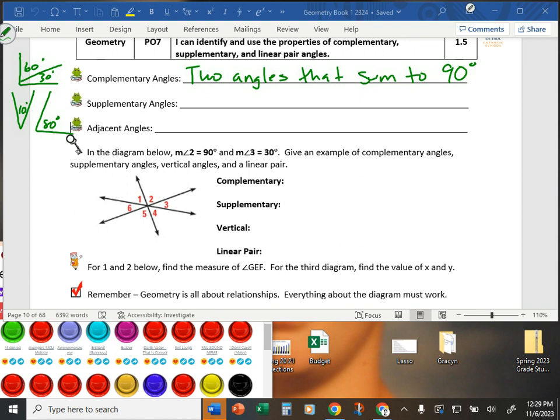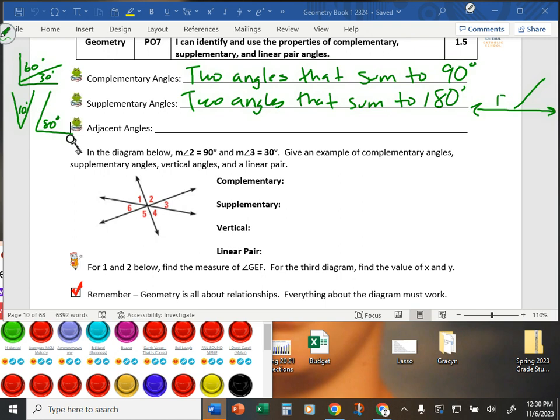Andrea. Oh, I know, supplementary. What are supplementary angles? Two angles that sum to 180. Yes, two angles that sum to 180 degrees. Is the next one 360? No. Two angles that sum to 180 degrees, and like complementary angles, they do not have to be adjacent. A linear pair, like we've talked about before, is also supplementary angles.